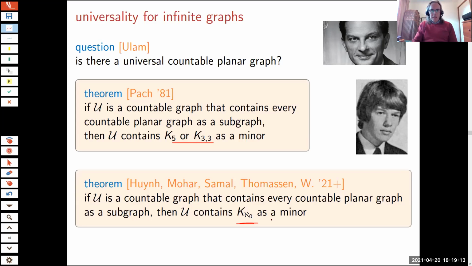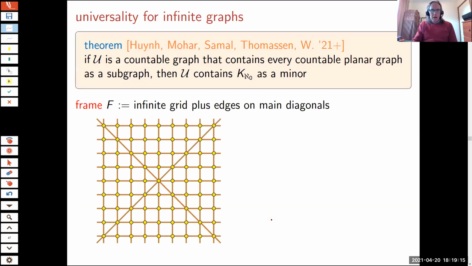Let me say a couple of things about this proof. Let's define a frame F to be this infinite grid plus the edges on the main diagonals. Call that a frame. And now you'll notice that there are uncountably many triangulations of the frame because there are countably infinite faces of size 4.